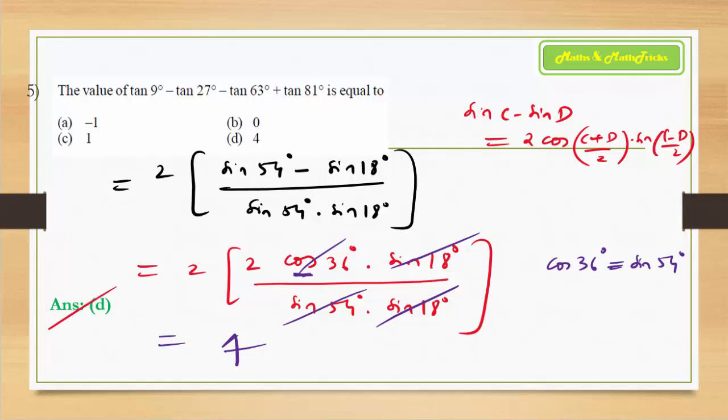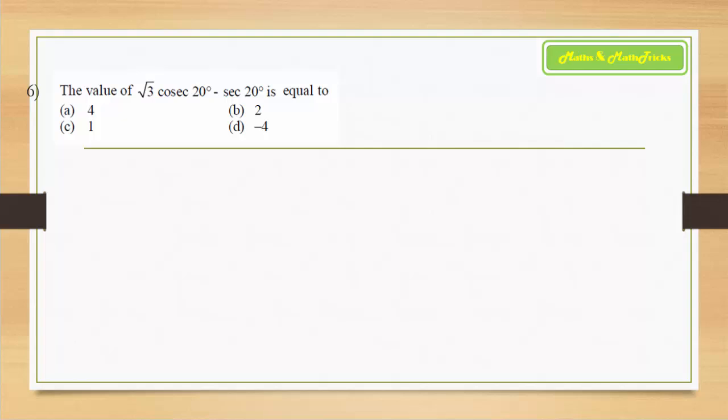Coming on to the next question now. In this question, you are asked the value of root 3 cosec 20 degrees minus secant 20 degrees equal to? Such kinds of questions need adjustment to convert them into a compound angle formula. So I am multiplying and dividing by 2, and the division part is useful in the problem solving.